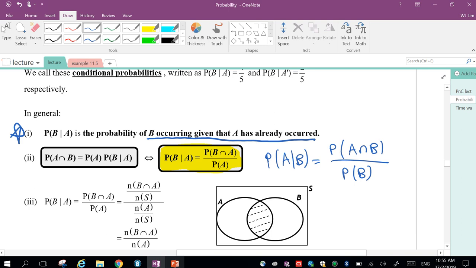These two are important, A given B or B given A. Apply it properly. We divide by the given event, take note of it.